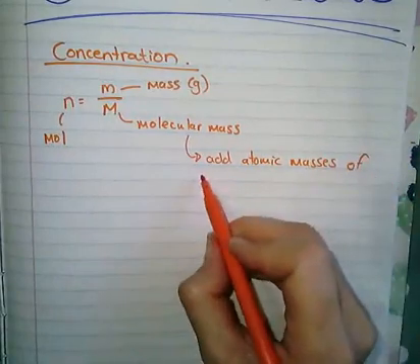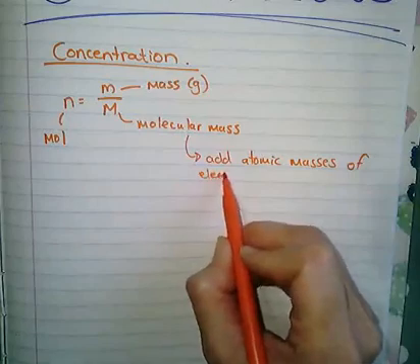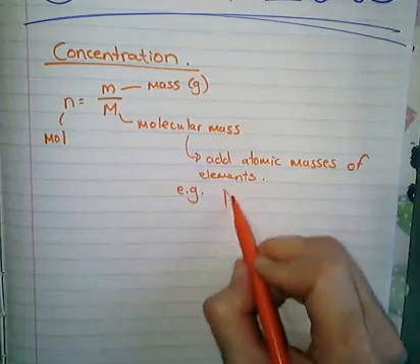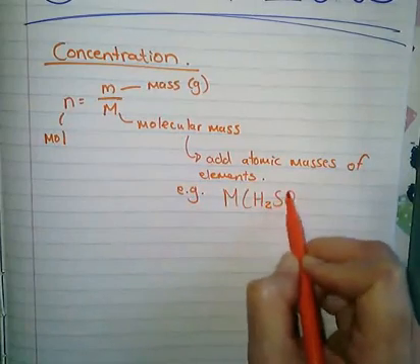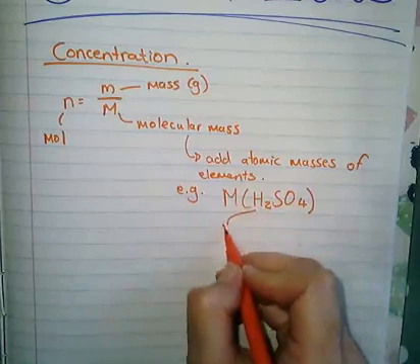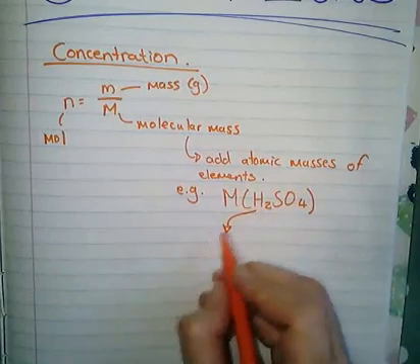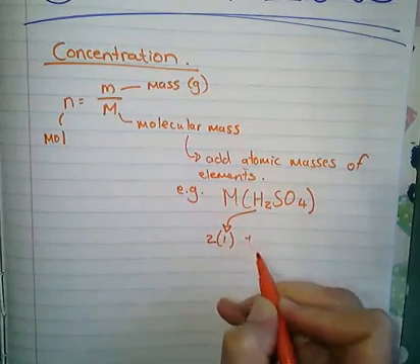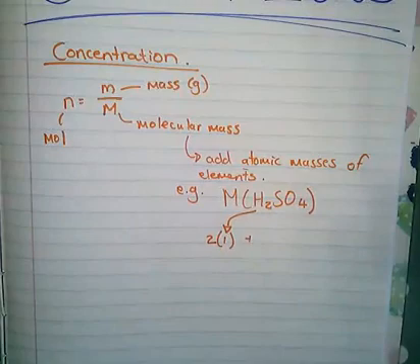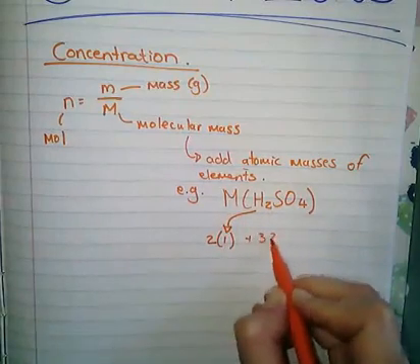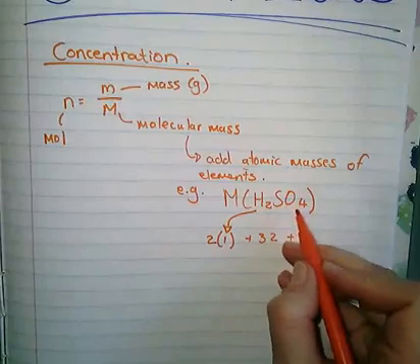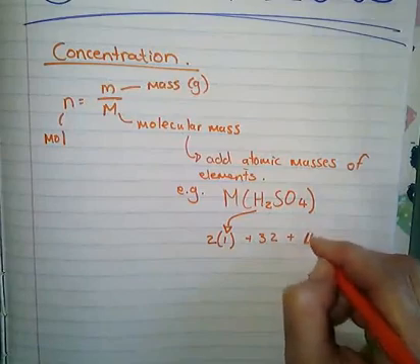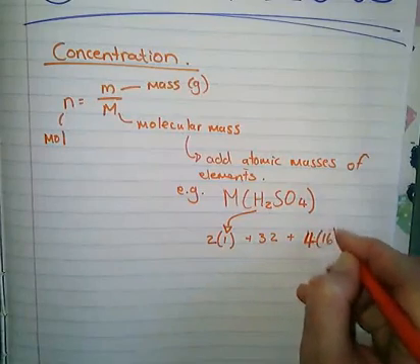The atomic mass of hydrogen is 1, but there's 2 of them, so there's 2 times 1, plus the atomic mass of sulfur is 32, plus the atomic mass of oxygen is 16, but there's 4 oxygens, so that would be 4 times 16. So when we add all of that, we get 98 grams per mole. Okay. Mass would be given in grams, n given in moles.